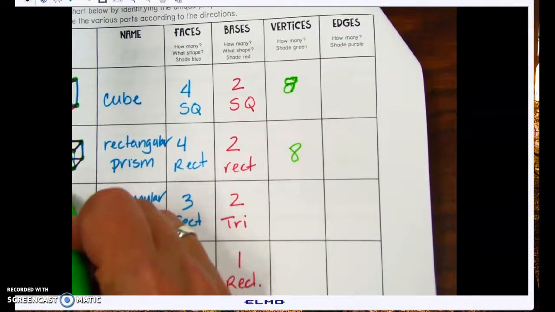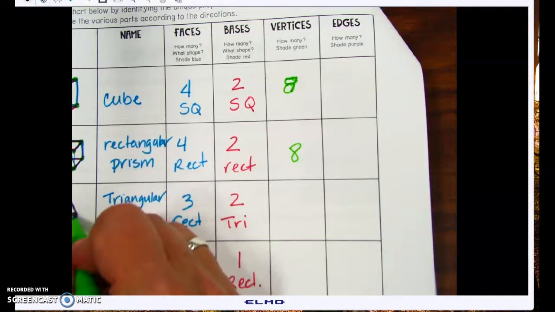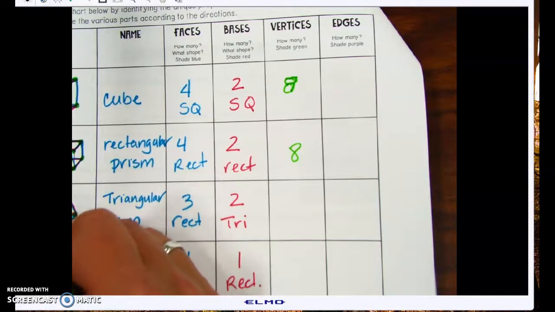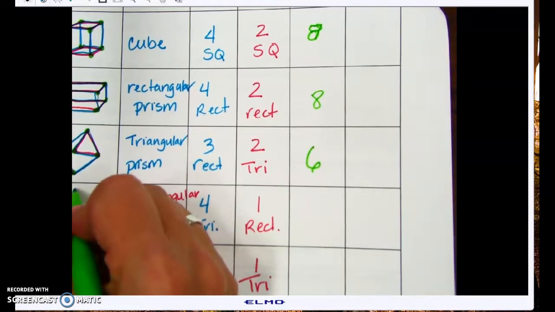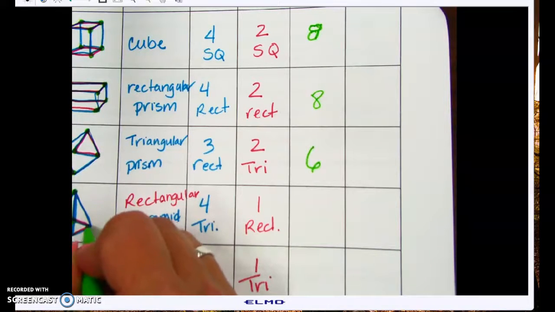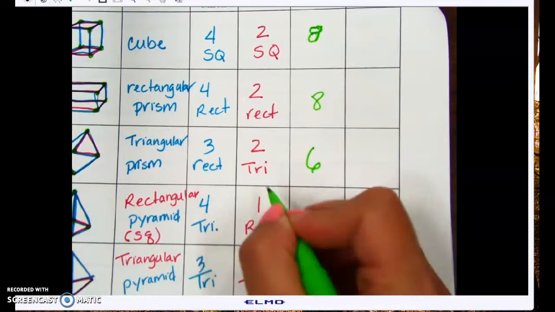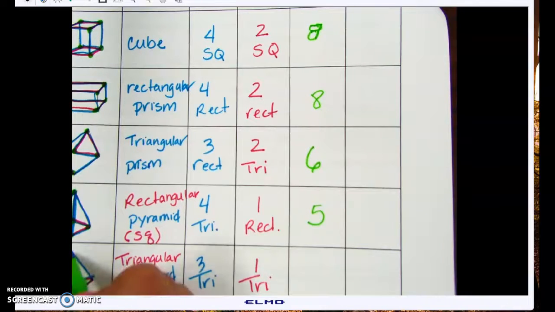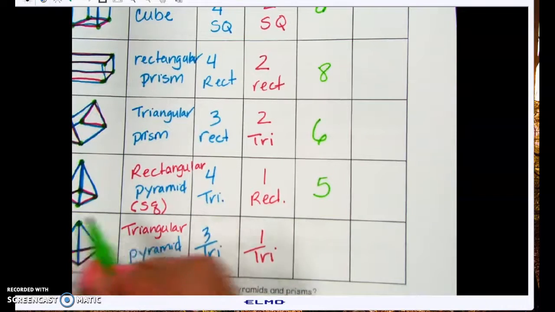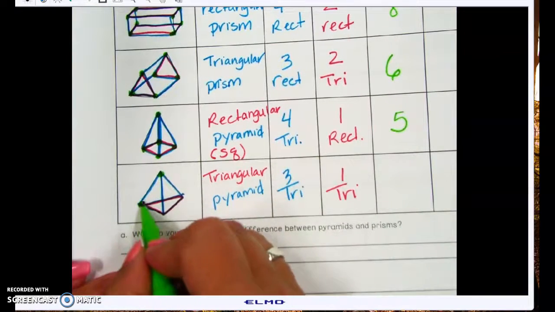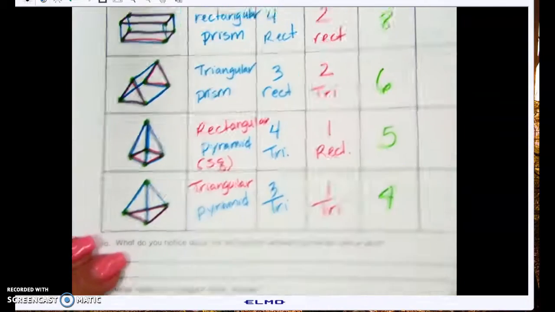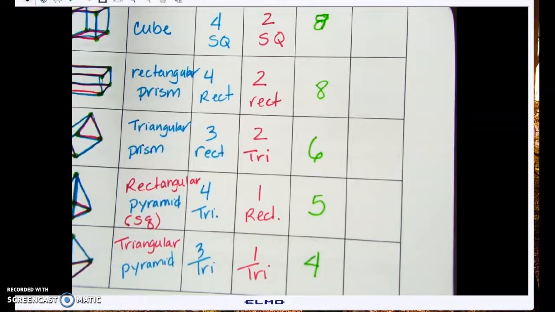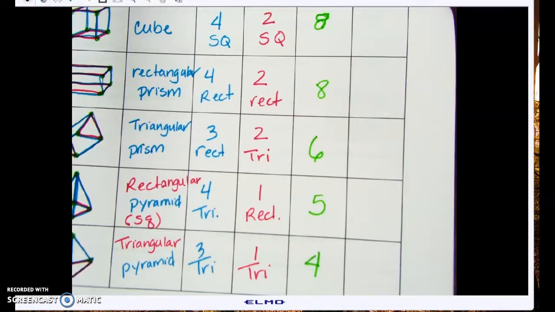Let's see with a triangular prism. 3, 6. With a rectangular pyramid, of course, this is 1, there's 5. Here's a triangular pyramid. Oops, sorry about that. There's 4.